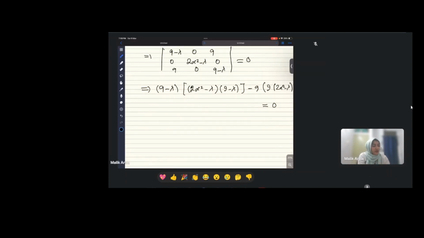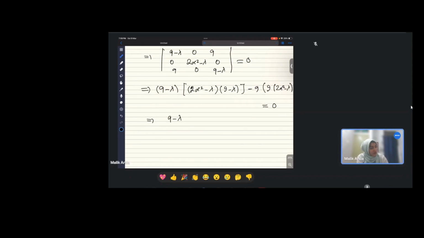Yeah. So here you can see, did you expand this whole thing? No, madam. Then how did you do it here? Shortcuts. Okay, that is fine because you should do the shortcuts. So here you can see that 9 minus lambda square you can take, and this thing you can take common from both the terms.